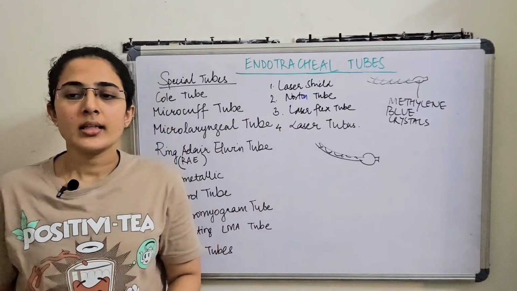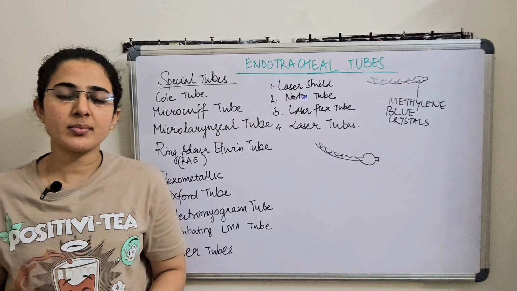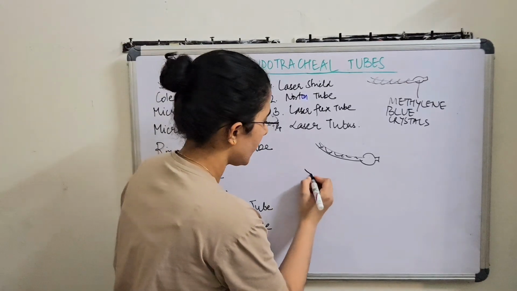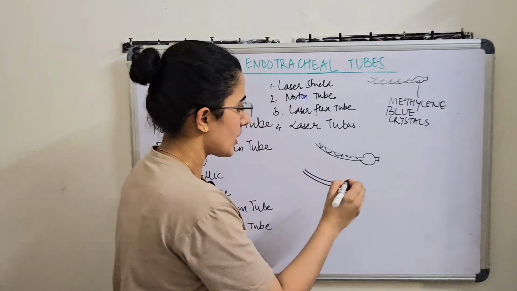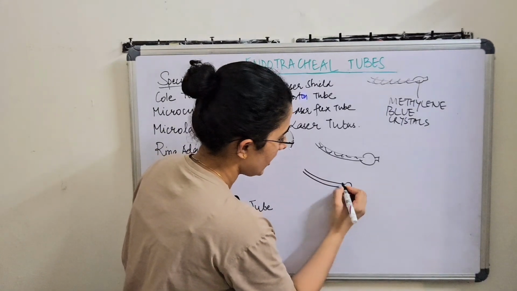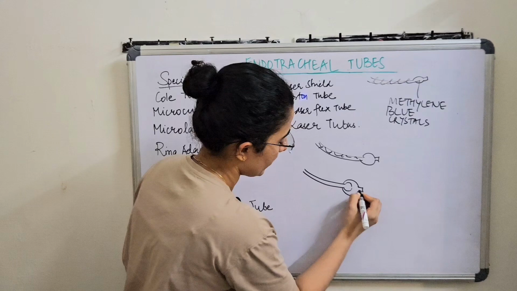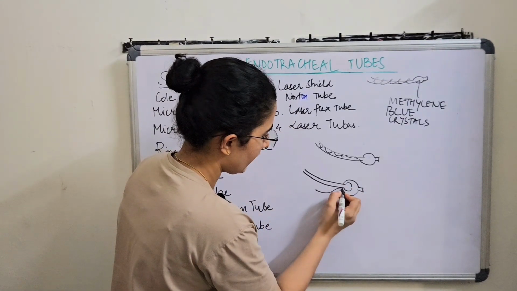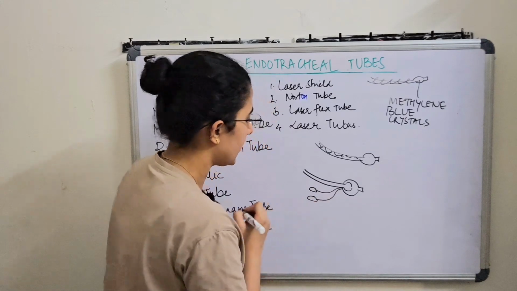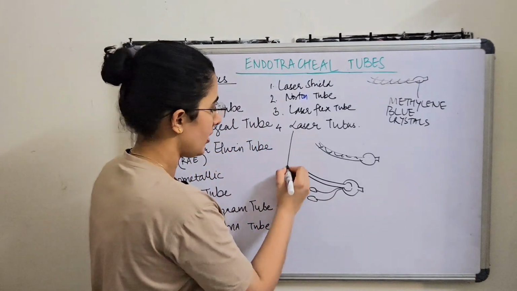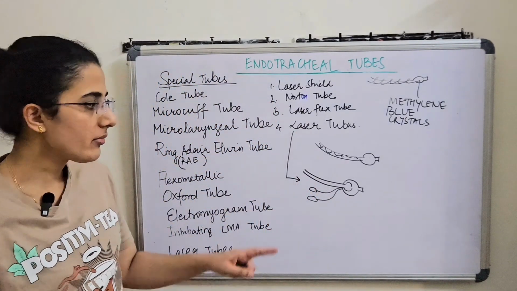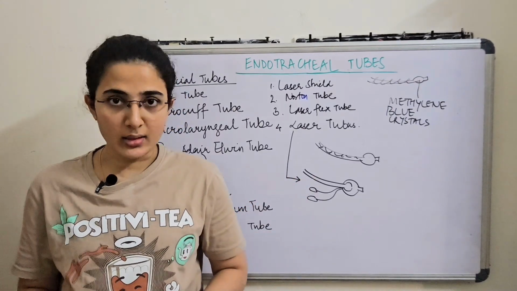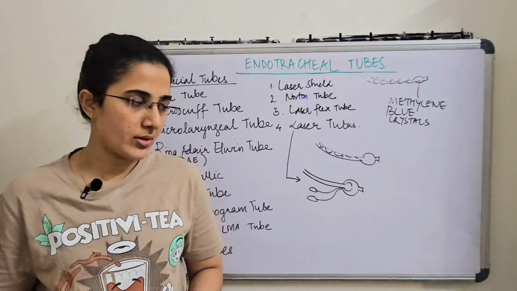Laser tubes are made up of white rubber. A special feature of this is that it has a cuff-in-cuff appearance. So there are two cuffs, with two inflation systems and two pilot balloons. We have to wrap it with aluminium foil and micro seal sponge.